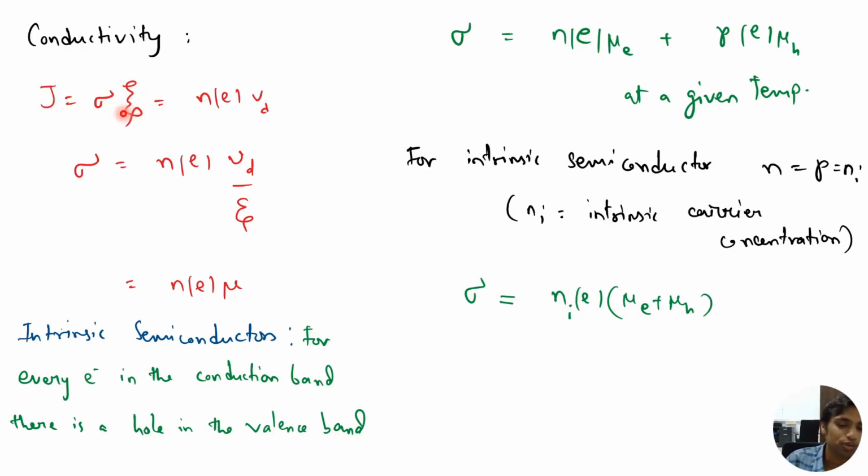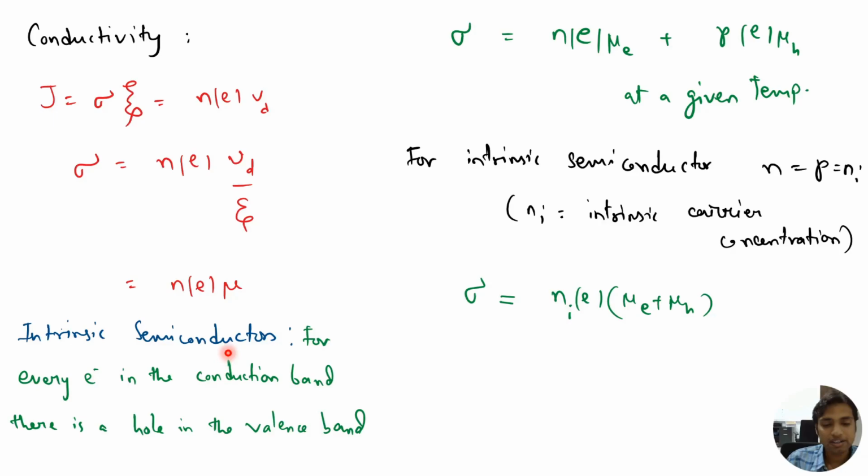From the Drude model we had learnt that J is N e Vd, where Vd is your drift velocity, N is the number density of electrons, and e is your electronic charge. So from here sigma is equal to N e Vd over E. This Vd upon E quantity is called mobility, which we write as mu.